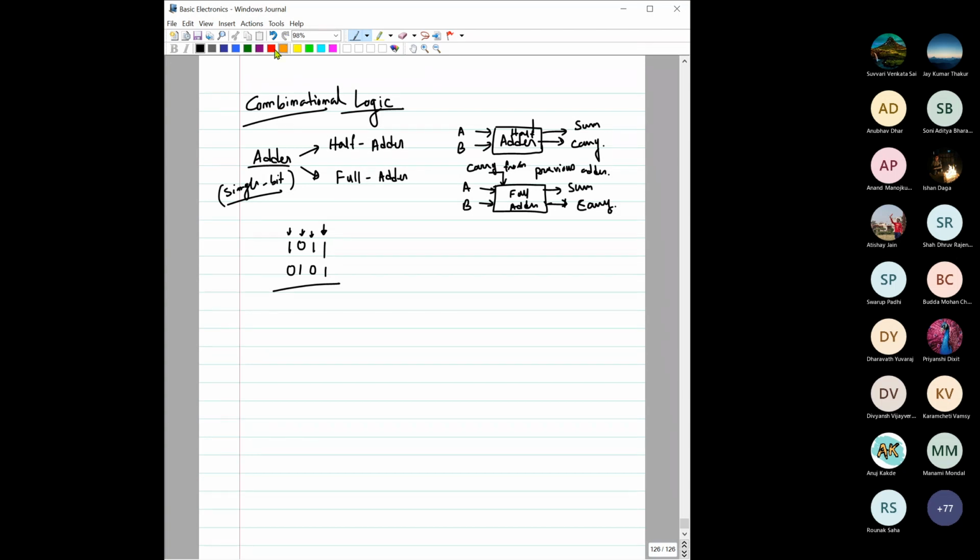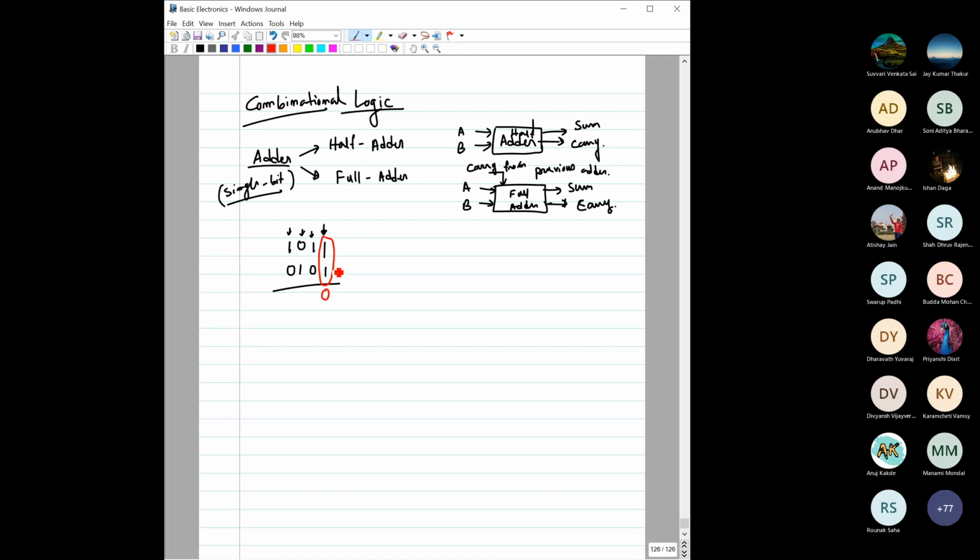For the first bit, the least significant bit, LSB, at the extreme right, we will add these two. It is basically 1 1.